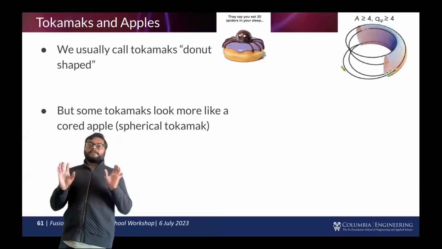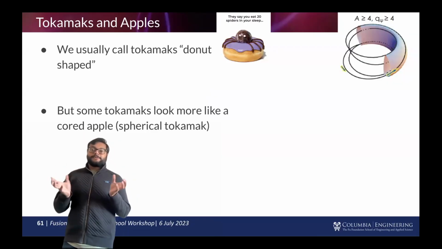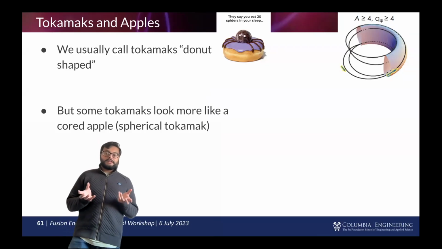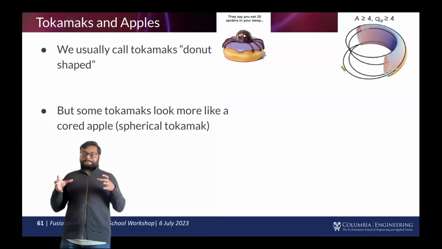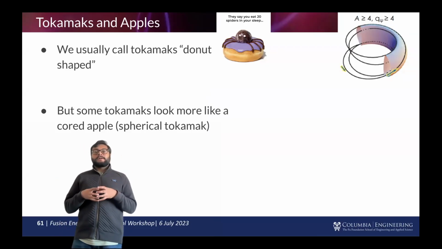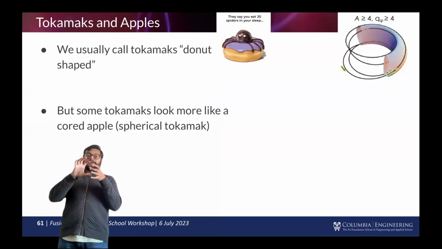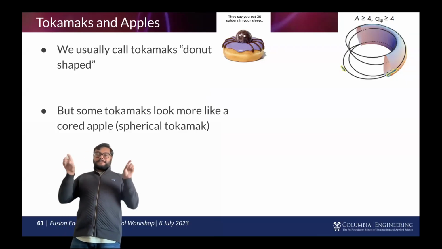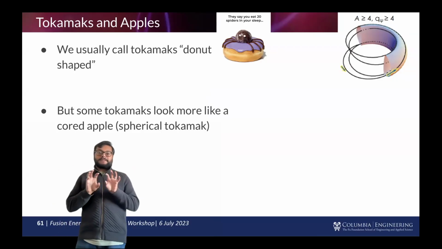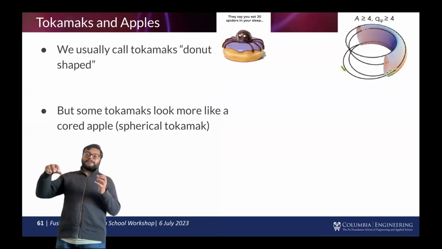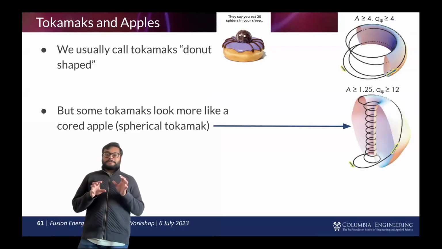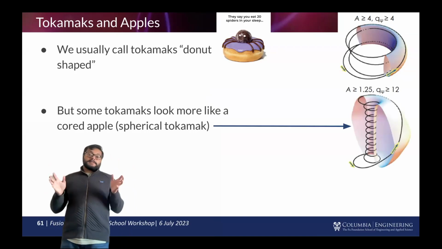So tokamaks are essentially this toroidal device. So it looks similar to a donut, but some of the tokamaks are a bit more compact. And so they look more like the core of an apple, and then the white part of your apple is like the vacuum region of your tokamak. So you'll end up seeing devices like this.